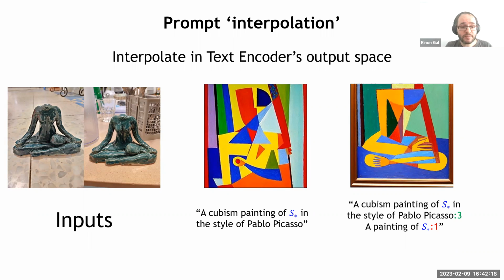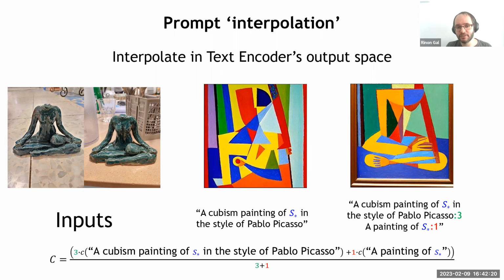And what the syntax means is that instead of using the single learned prompt, we break it into the two parts. We first encode only the first part, a cubism painting in the style of Picasso. We give it a weight of 3. We encode the second part and give it a weight of 1. And we just use this sort of weighted average in order to create our final conditioning code. Right?